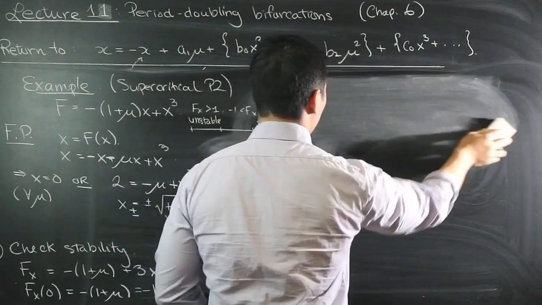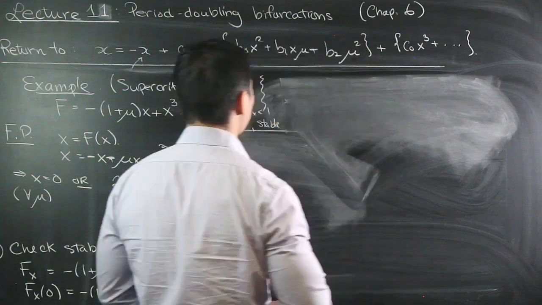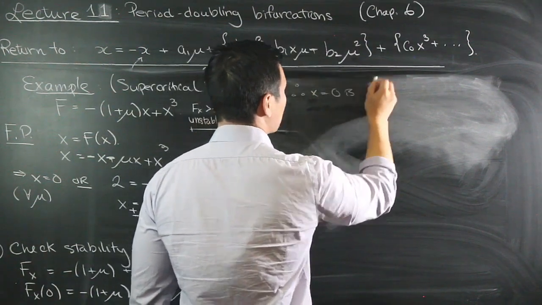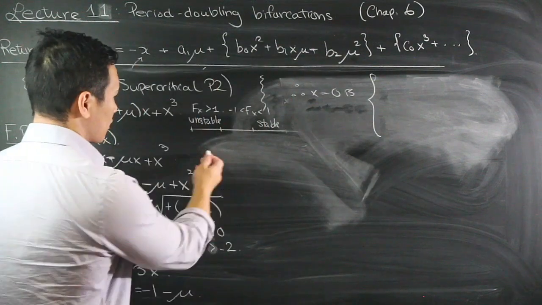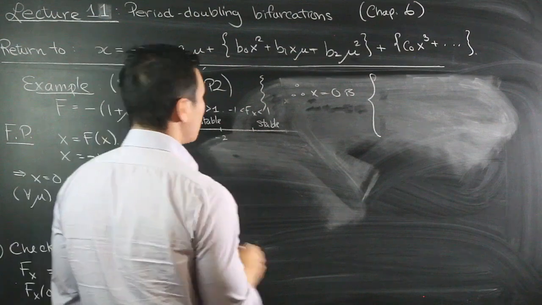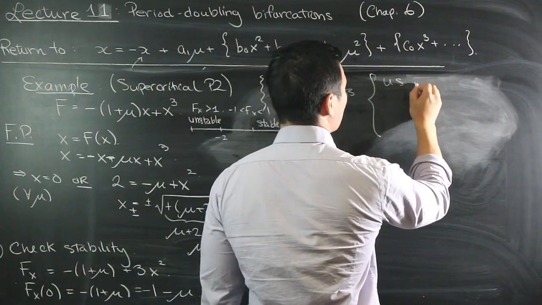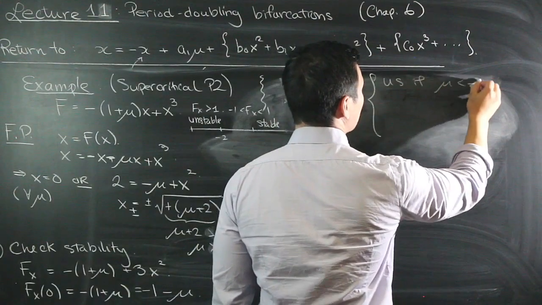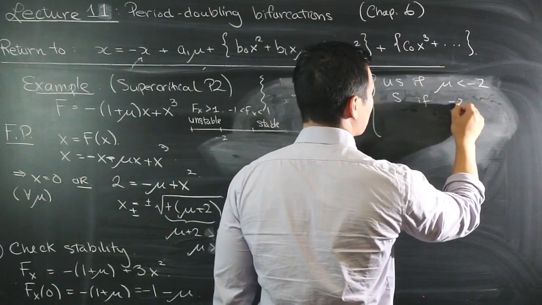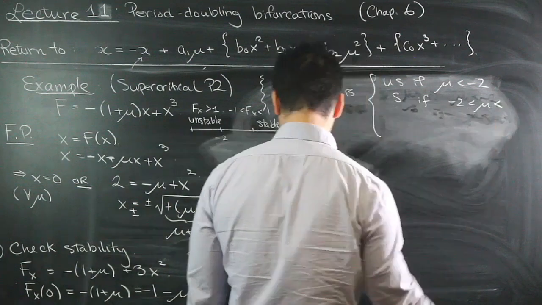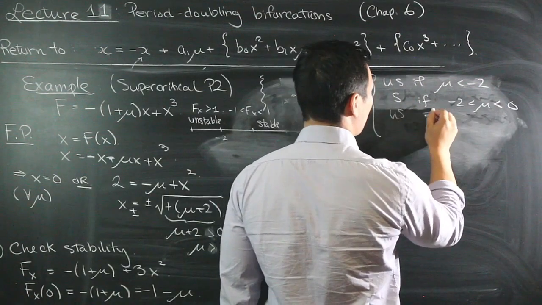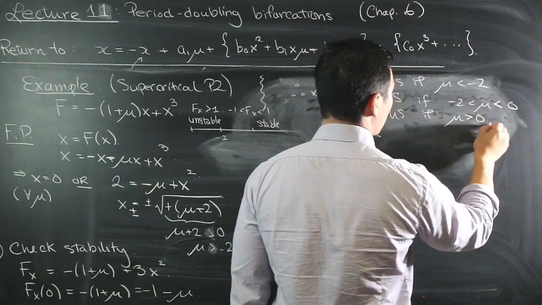It's a lot easier to do it in a graphical form like that, but anyways, this is -2. So x equal to 0 is unstable if mu is less than -2. It's stable if mu is between -2 and I think it was 0. And it's unstable if mu is greater than 0.